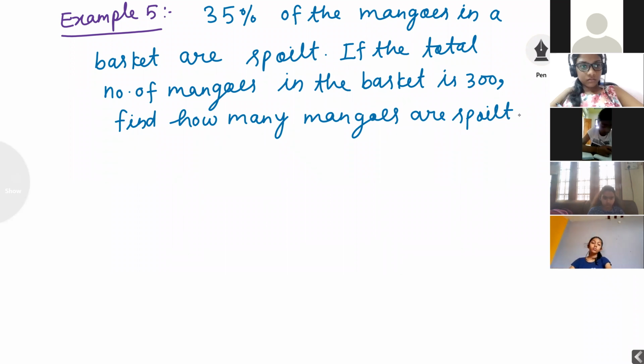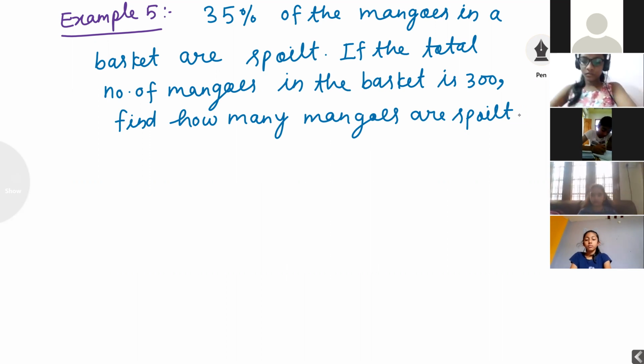Very easy question. 35% of the mangoes in a basket are spoiled and the total is 300 mangoes. So 35% of 300 is the simple answer. In this 300, 35% is spoiled. Note down.